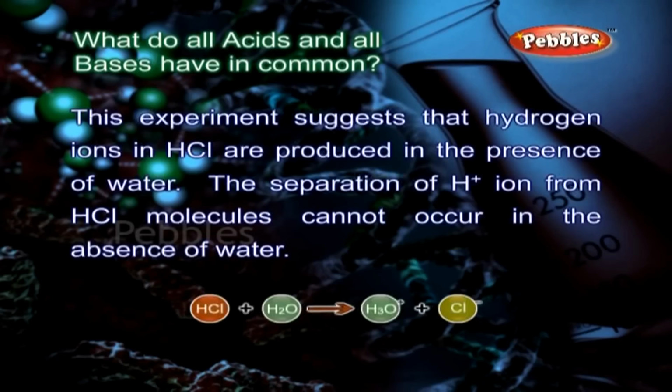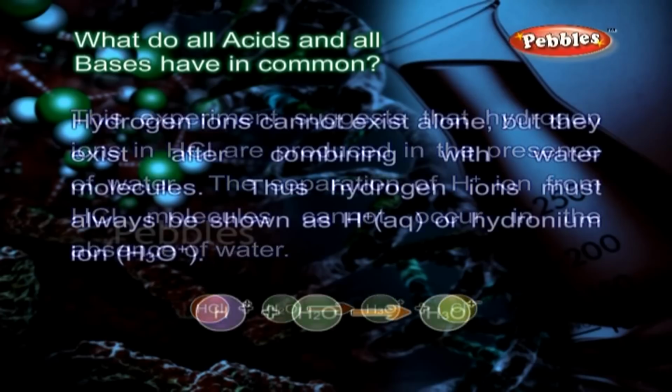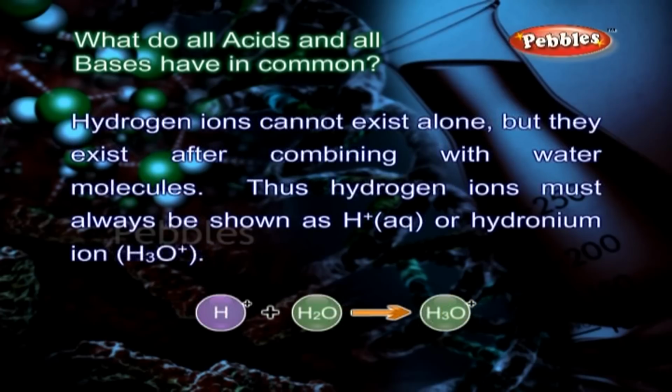The separation of H+ ion from HCl molecules cannot occur in the absence of water. HCl + H2O gives H3O+ + Cl-. Hydrogen ions cannot exist alone, but they exist after combining with water molecules.